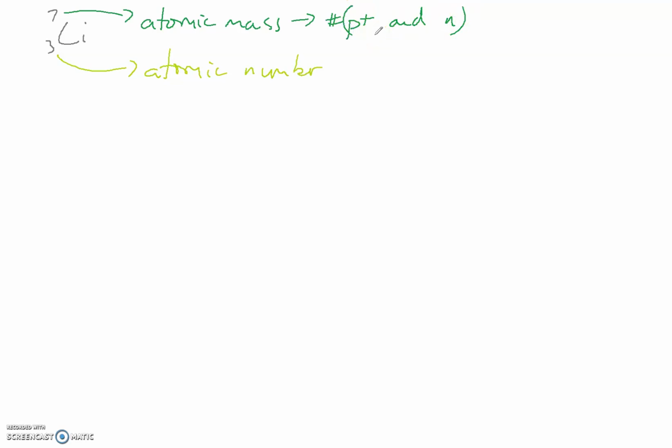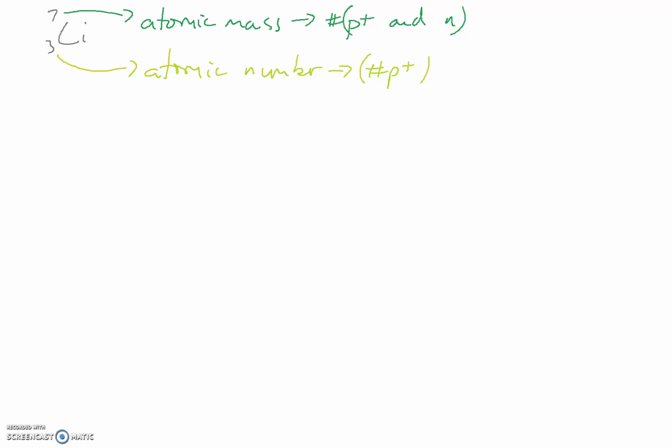So there's 7 things in the nucleus, and the atomic number tells you the number of protons. This is just basic grade 9 science. So lithium's got 7 things in the nucleus, 3 of them are protons, so 4 of them would be neutrons. Okay, so we have that.